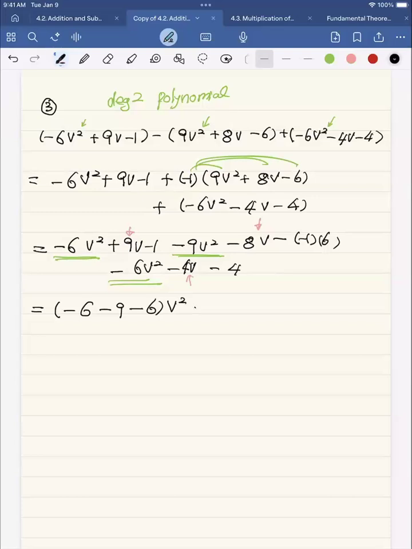So we have to write plus parenthesis 9, and we take care of the coefficient -8 and -4v.